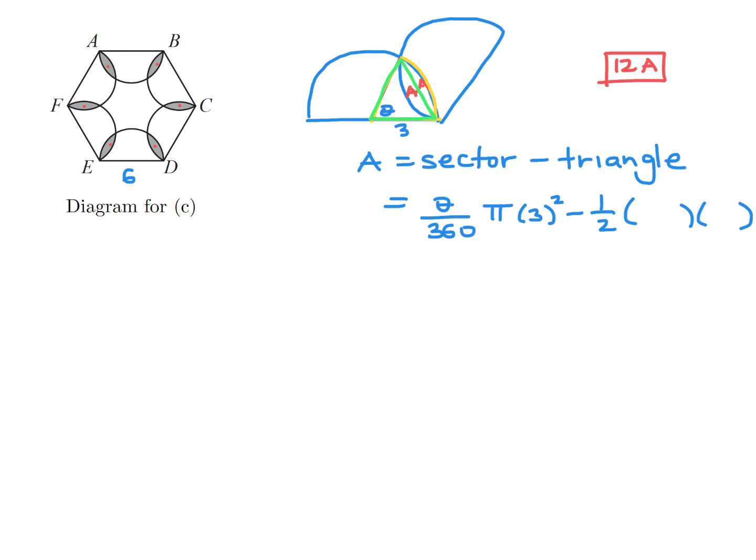Okay, so now I've got to figure out the angle. And how am I going to do that? Well, let me draw that again because I don't want to make that diagram too messy. So if it's like this, and we know that the internal angle, that whole thing, is 120.